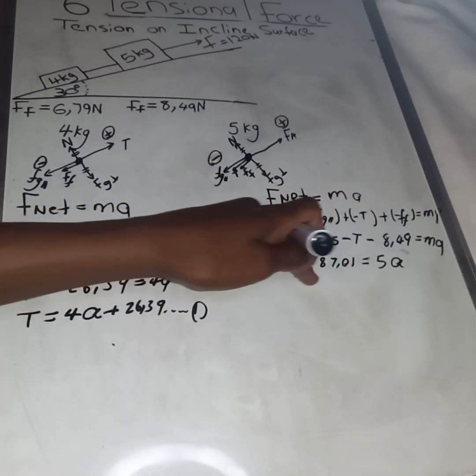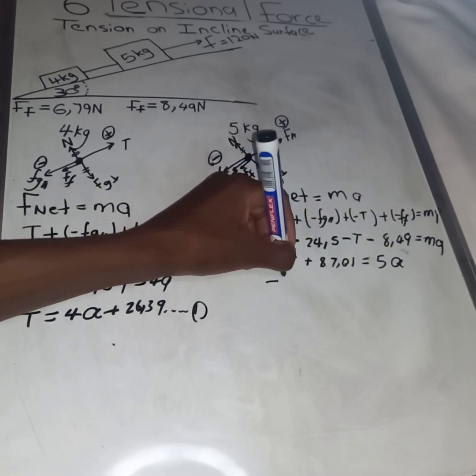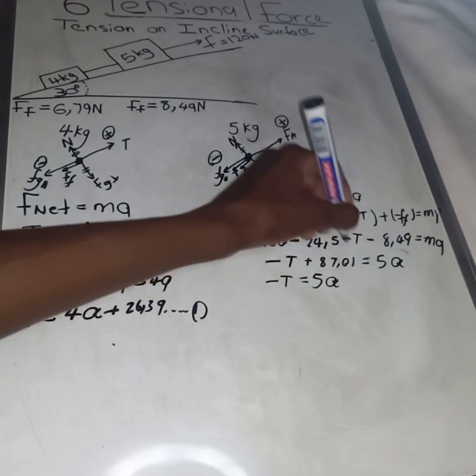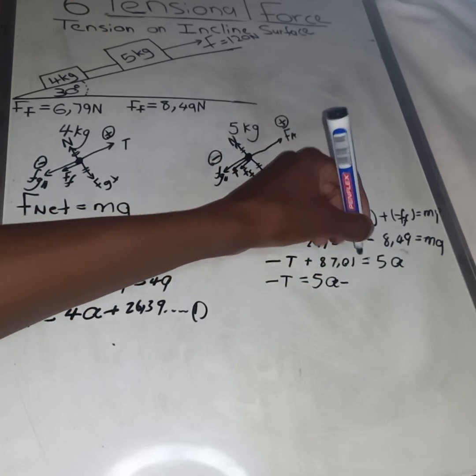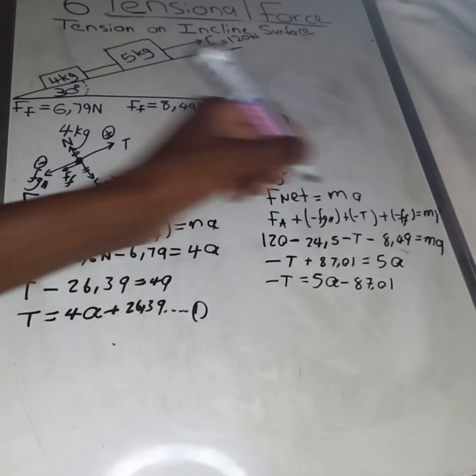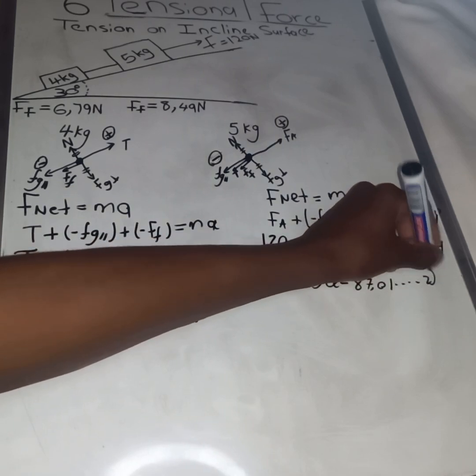So we have to transpose 87.01 to the right. Negative T is equal to 5a. So we have equation 1 and equation number 2.